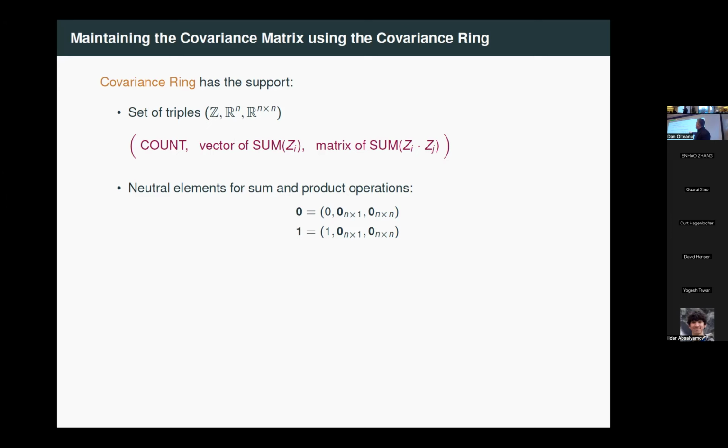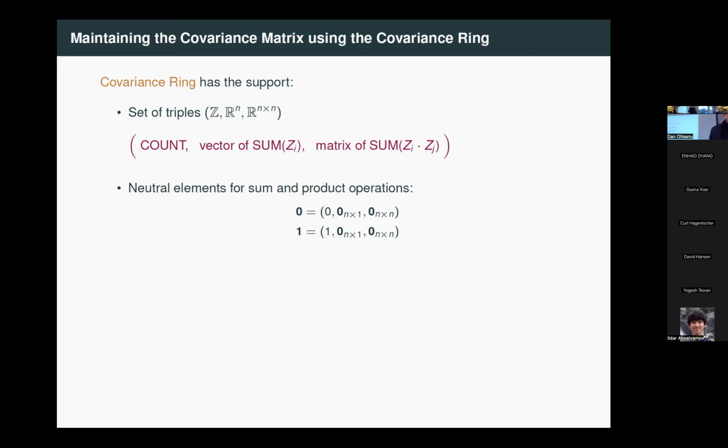For instance, the count could be 0, in case we want to sum such an element with another element. It could be the vector of zeros and the matrices of zeros. And then for the neutral element for multiplication, we can multiply with the count of one, the vector of zeros and matrix of zeros, and we essentially get neutral for multiplication as well.